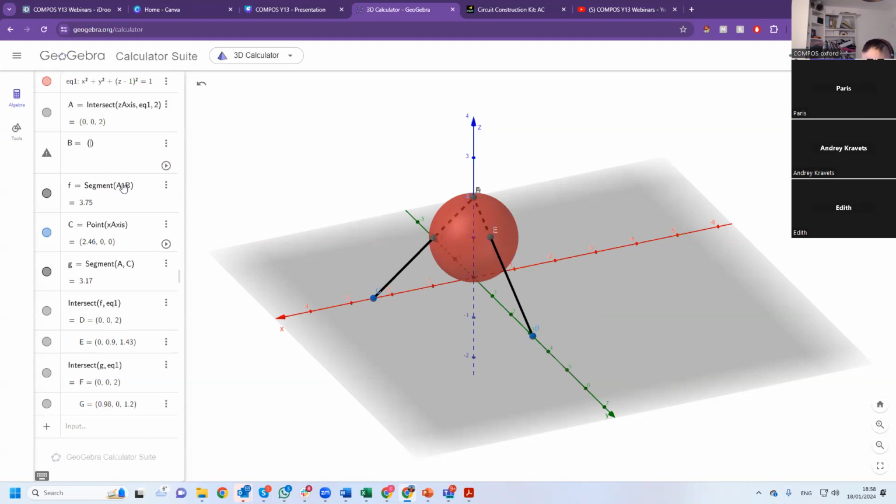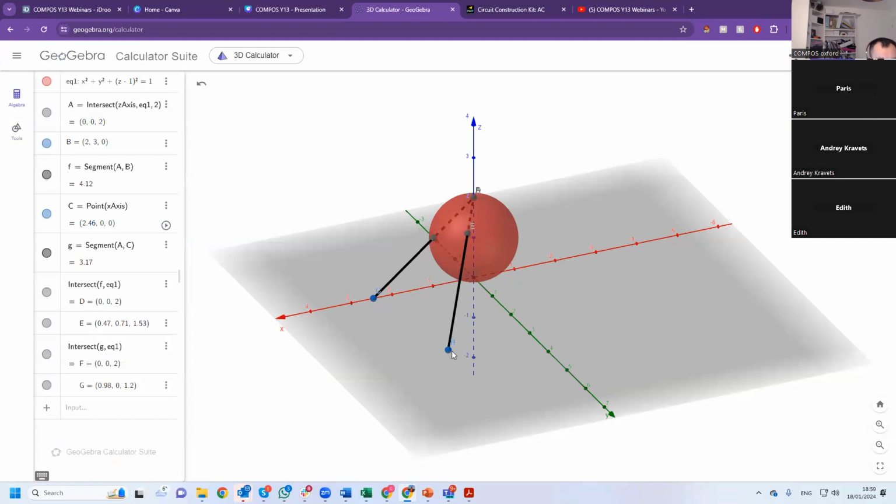So it is 2, 3, 0. Okay, here we are. So you can move point B, and every single point on the plane corresponds to a point on the Riemann sphere.